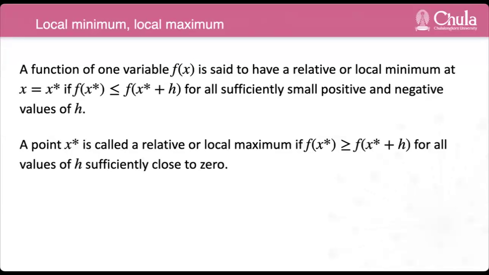We don't care whether h is positive or negative, and h is a very small value, right? We disturb x star with a small value and the value of the function increases, right?